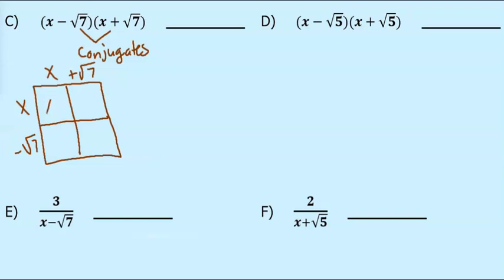X times x is x squared. X times square root 7 is plus x square root 7. X times negative square root 7 is a minus x square root 7. And then negative square root 7 times positive square root 7 is going to be a negative 7. These two will cancel, and so you're left with x squared minus 7.